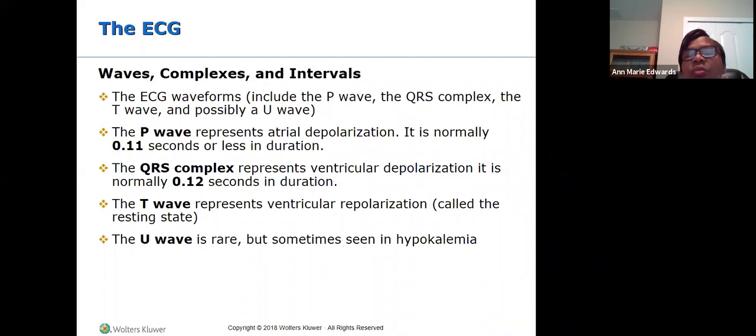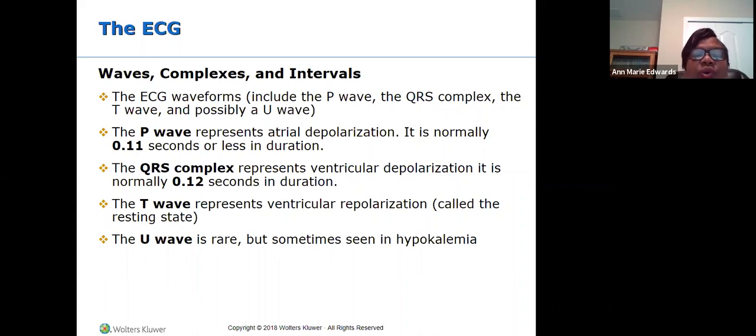So if you try to remember depolarization, contraction, depolarization, contraction, it will give you a little perspective on what we're talking about when we refer to depolarization. Remember, some books use depolarization synonymously with contraction, so bear that in mind. So the P wave represents atrial depolarization. As I say, some books will say atrial contraction.